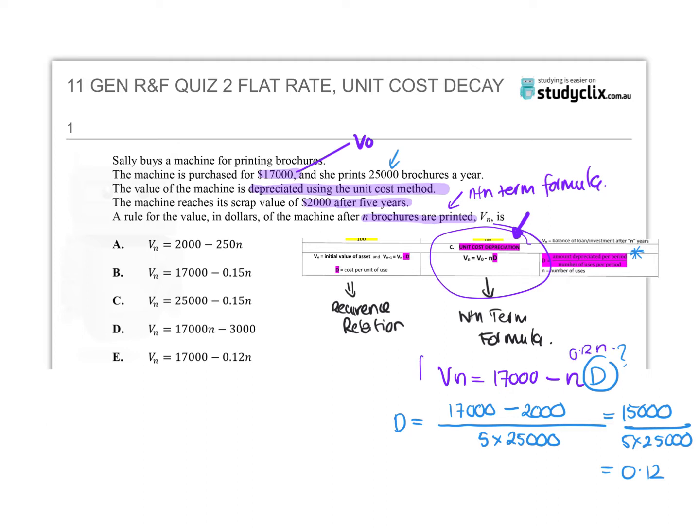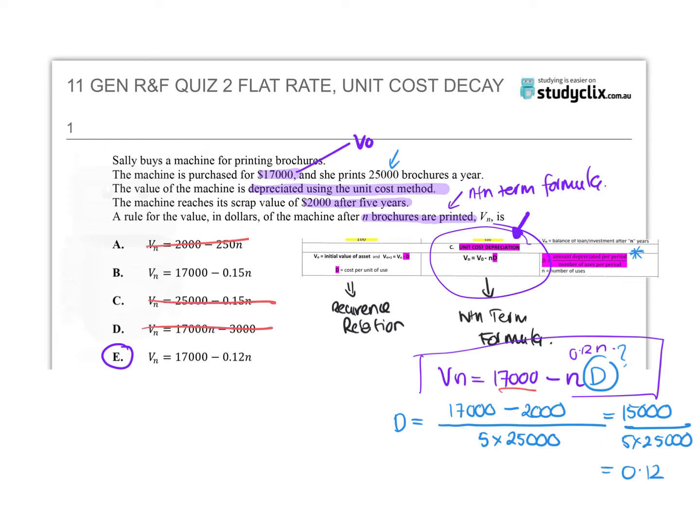Now, which is the one that has that answer? E. Good. So what you could have done, and this is what you need to start looking at, is that we knew that it should have V0, which is 17,000. So you would have been able to cross out all those three.